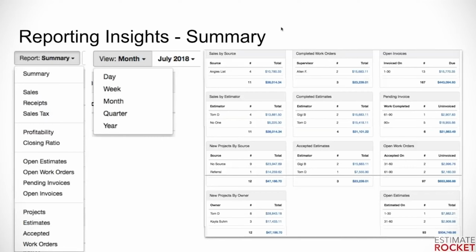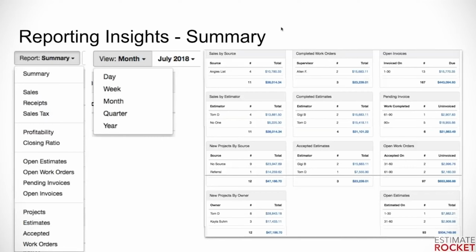When you click it, it records the date and who the person was. So if your field people are clicking that button, they'll get credit for having completed the work order. And if you're clicking that button in the office, you want to make sure you set who completed the job to whoever did, and that will give you tracking on who the field person is that's doing the work.